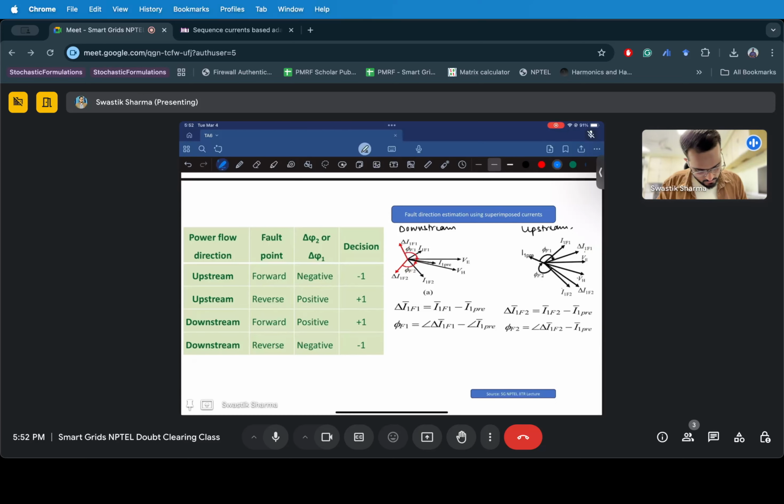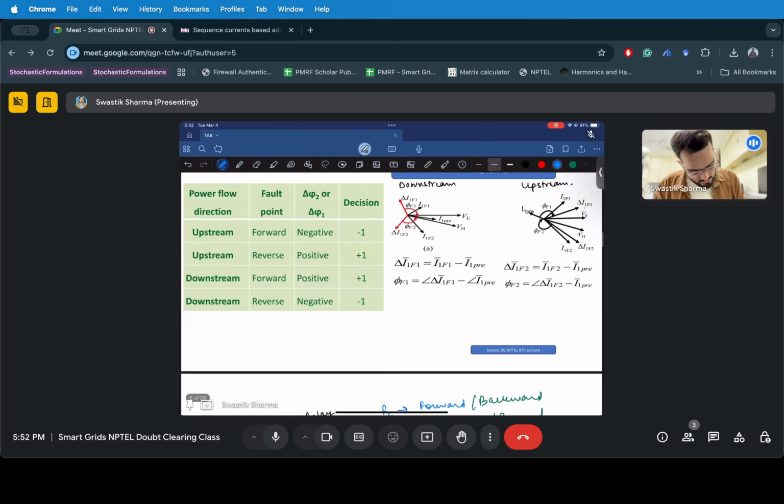Okay, so what you're doing is you're essentially calculating delta IF1 and I1 pre, right? And you're superimposing so that you calculate the phase angle phi F1, right? Okay, got it.